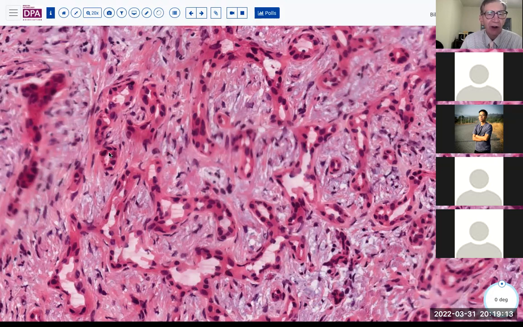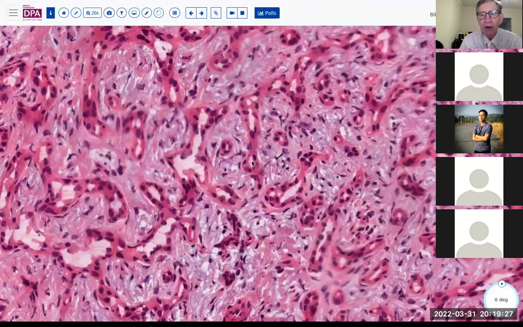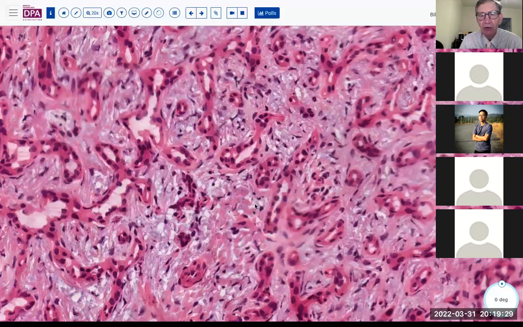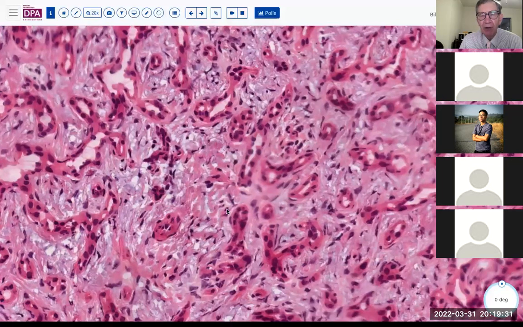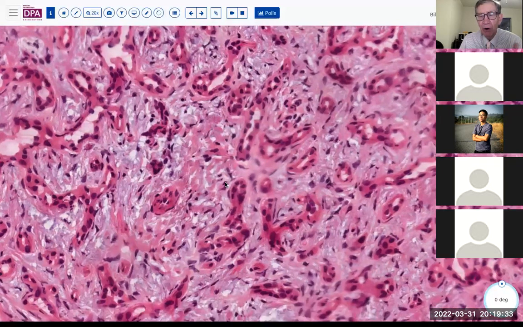So maybe this is our largest nucleus here, but I don't think it makes it beyond 3.5 or 4-to-1. It's not really comfortably beyond that. And some of them may be actually dual nuclei. So that criterion can be very useful on frozen section because the uniform frozen section artifact is applied to all the nuclei.